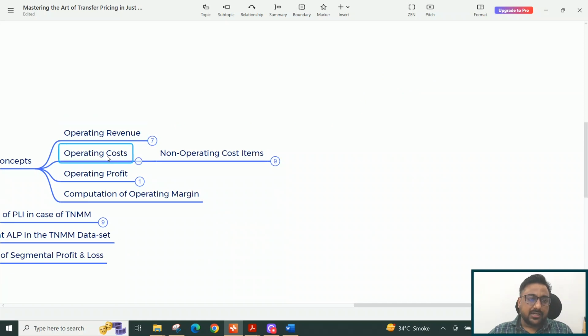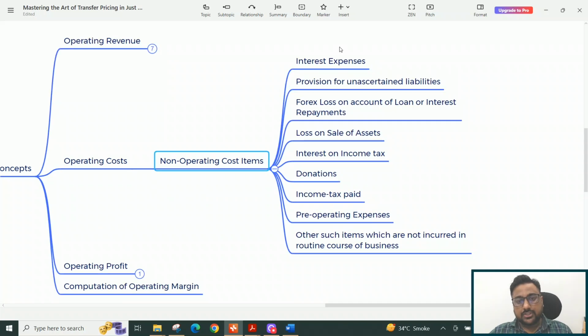Similarly, in operating cost, we are required to remove certain non-operating items, such as interest expenses, like bank interest expenses.